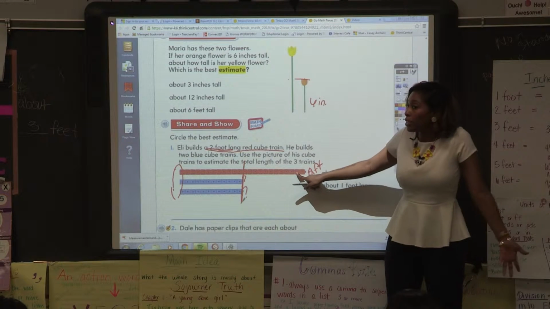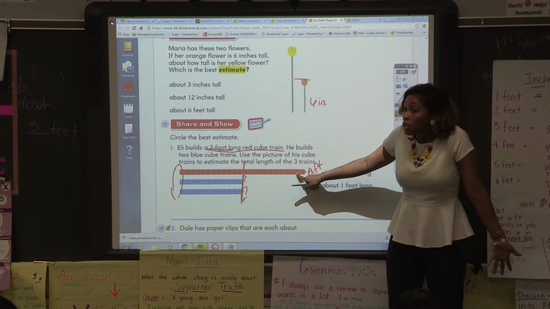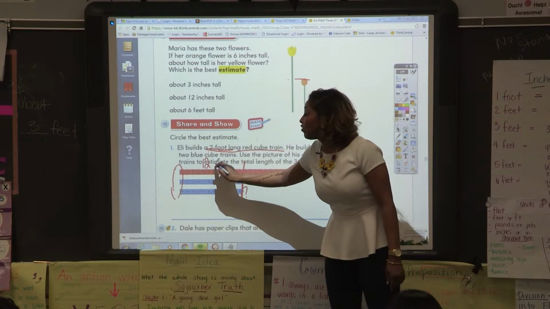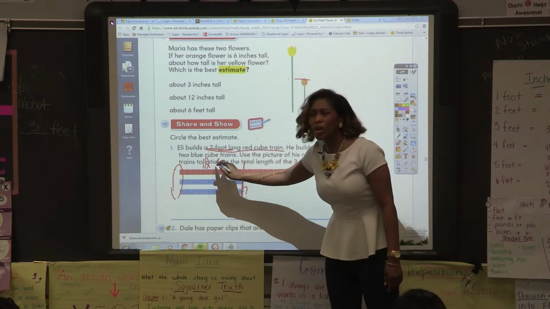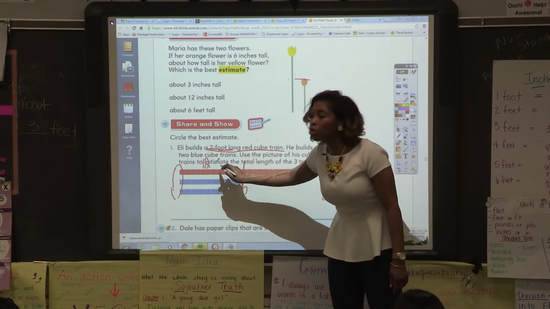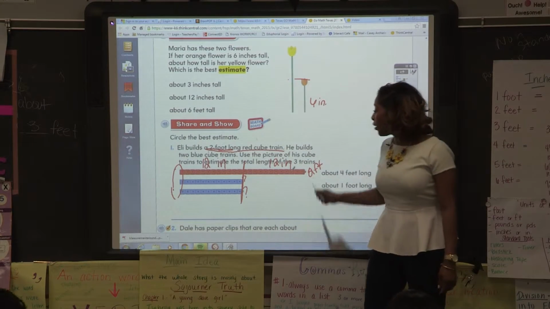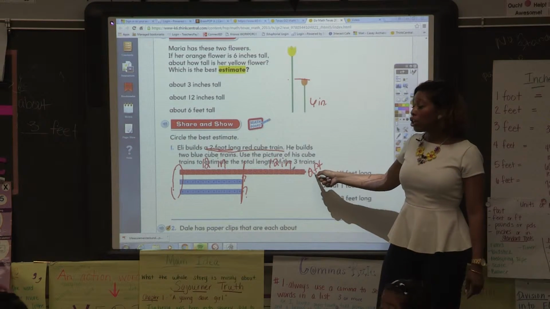A half of 24, which is what? 12. Okay, so we know this will be 12 inches, and this one is 12 inches.